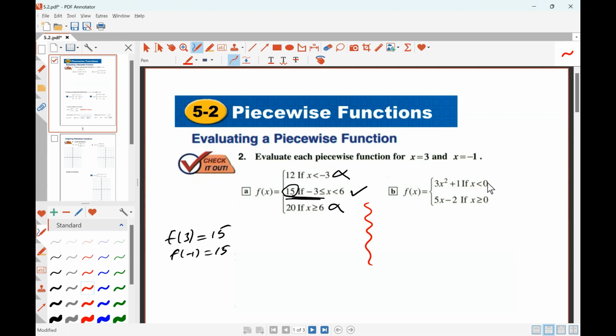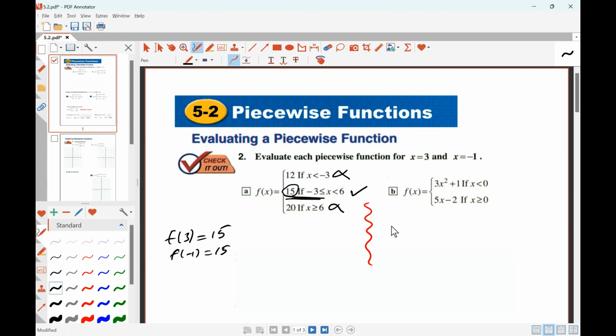So we have two situations. For x values less than 0, we have a quadratic function. For x values greater than 0, we have a linear function. The first thing we need to know is which situation we are in. So we are not going to just substitute 3 for x in every function.